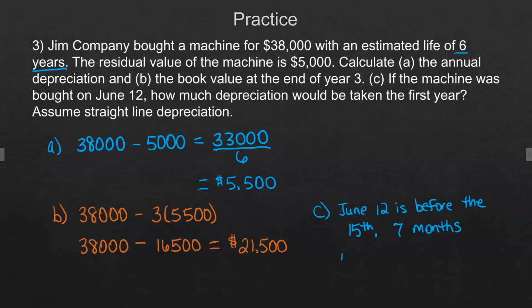So for the first year, we would take the 5,500 times 7 months, which is 7 out of 12. And then once again, you would round this because we round all of these to a whole dollar amount. So when you calculate it, you'll see there's some dollars and cents. Just round it to a whole number, and then you've got it finished.